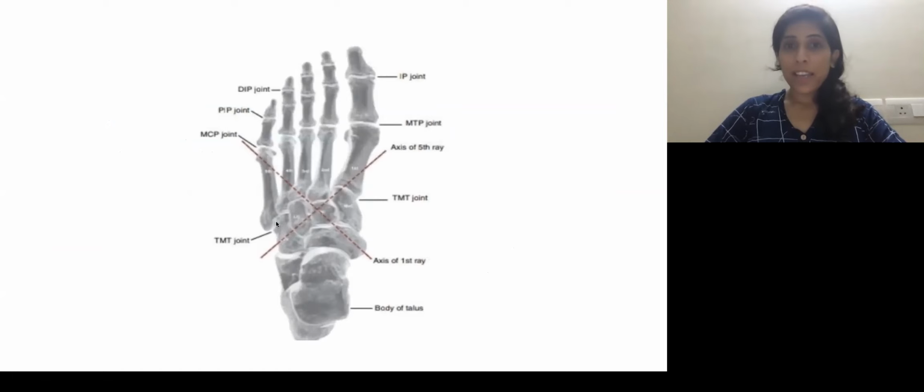But whenever the transverse tarsal joint is inadequate to provide this compensatory mechanism, we require other structures to help. For that, the tarsometatarsal joints help to maintain the forefoot in contact with the ground.